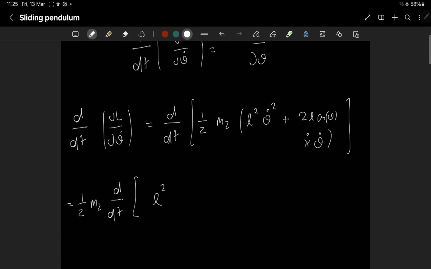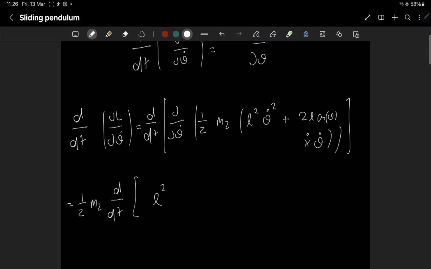Well, I forgot, sorry, this is equal to d by dt partial by partial theta dot, and then all of this, right? So the only theta dots are in this term over here, and this term over here.